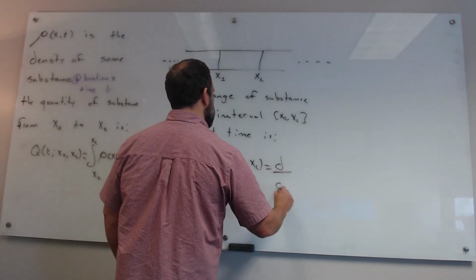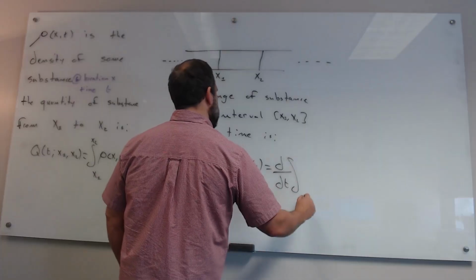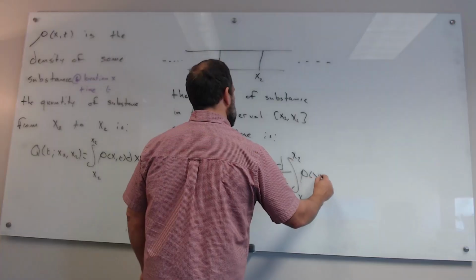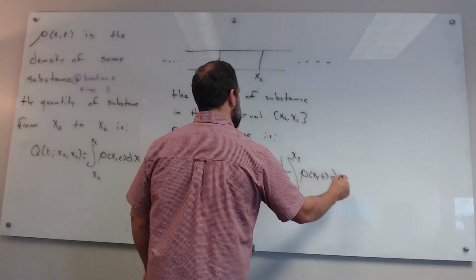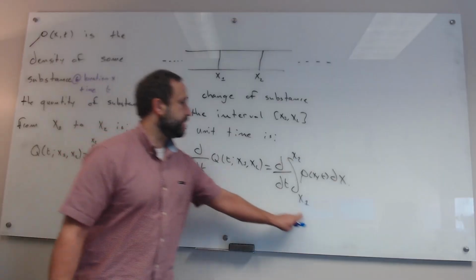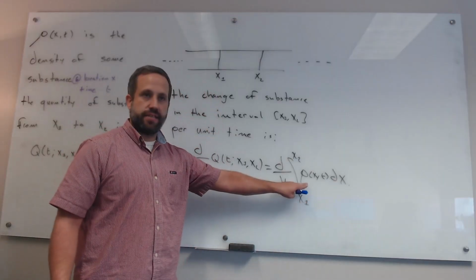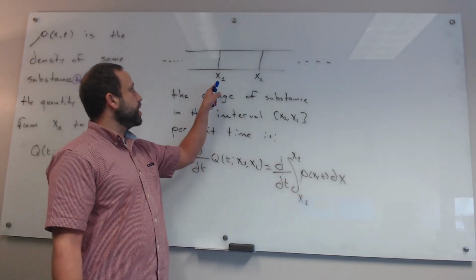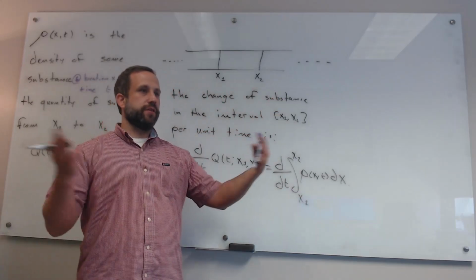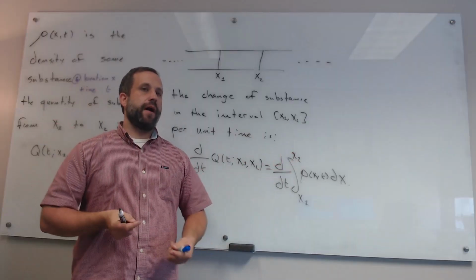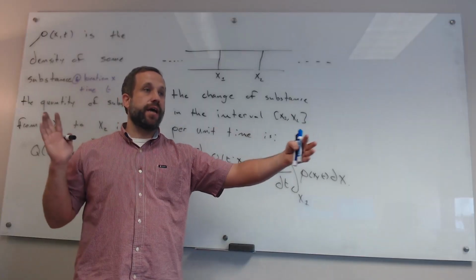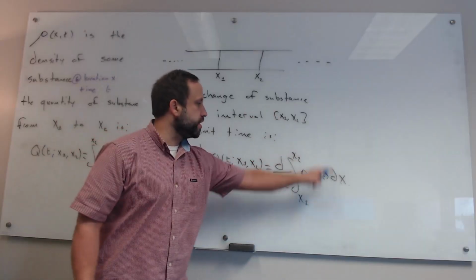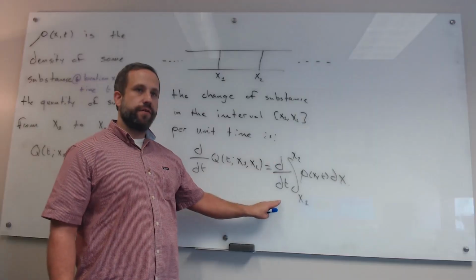So it's going to be the derivative with respect to t of the integral from x1 to x2 of rho of x,t dx. Okay, this integral right here, rho is a density, right? So the integral is going to be the amount of stuff between x1 and x2. So here, think about stuff as being thermal energy. Think about it as being dye that's diluted in water, that sort of thing. And then the change of this per unit time is just going to be the derivative.